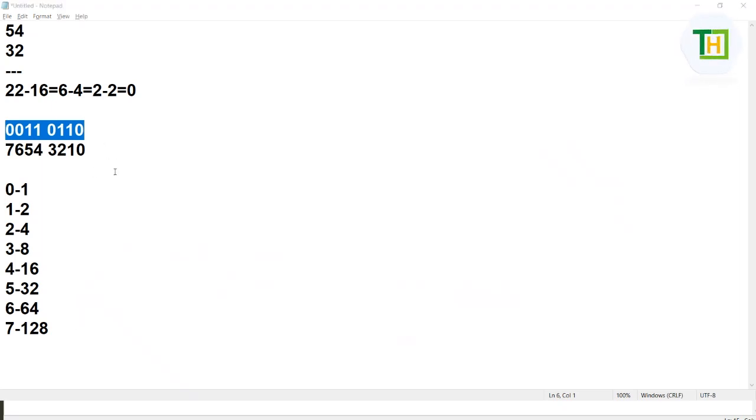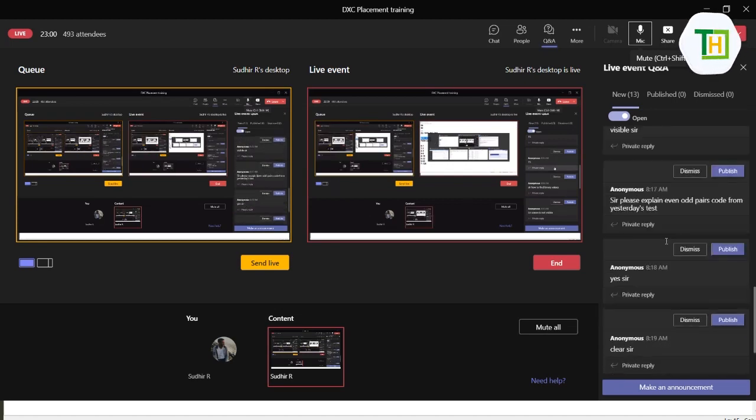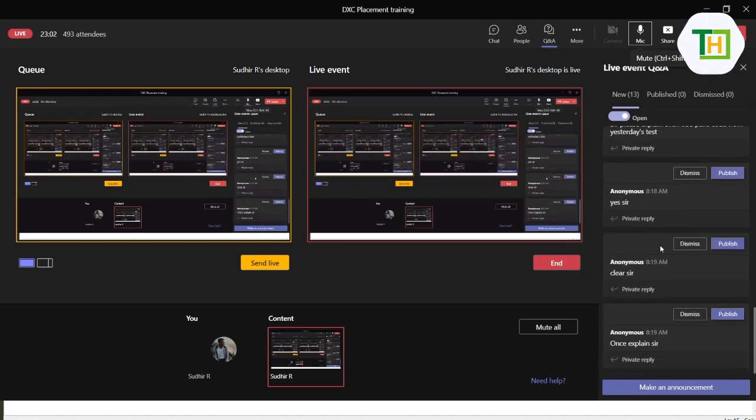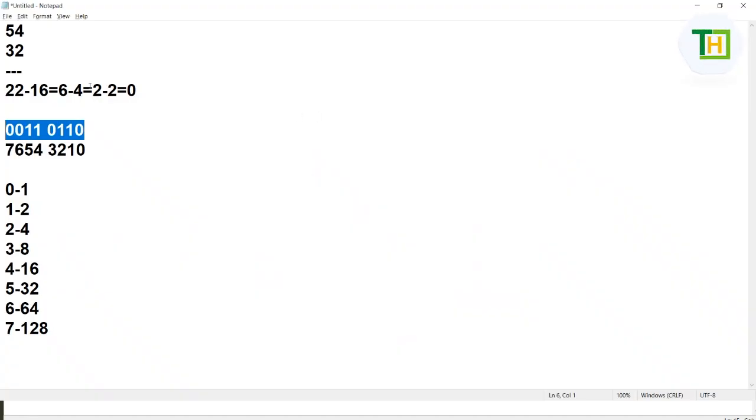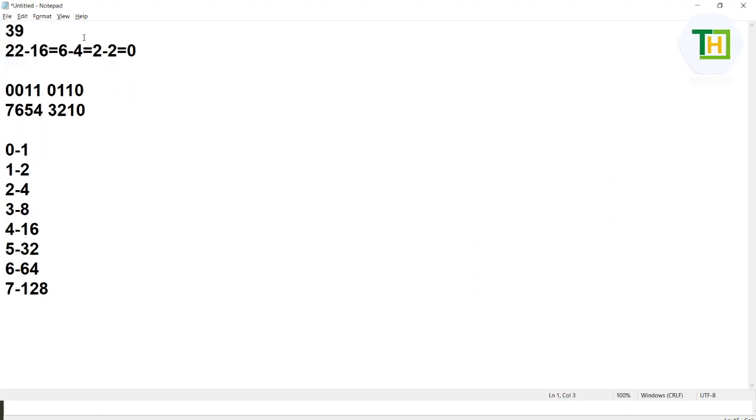This way I'm going to find the binary value. For example, let's take 39.